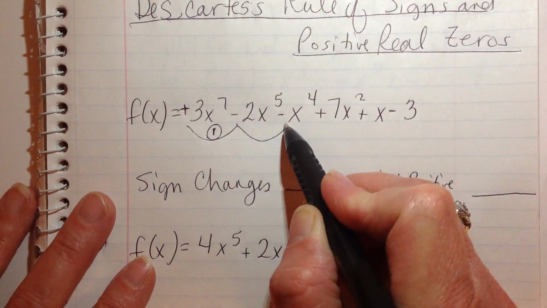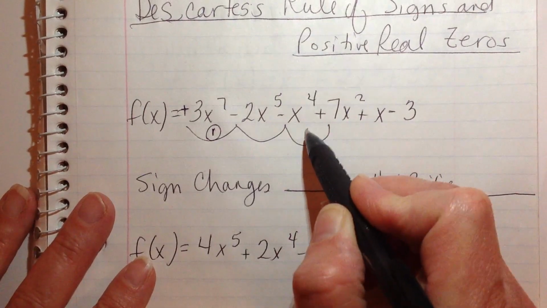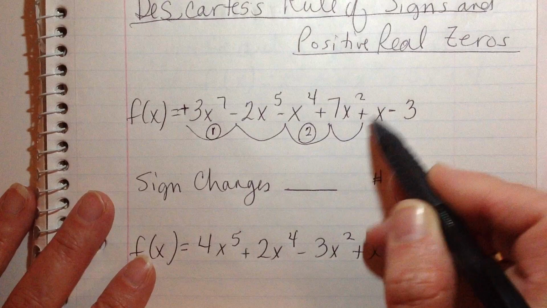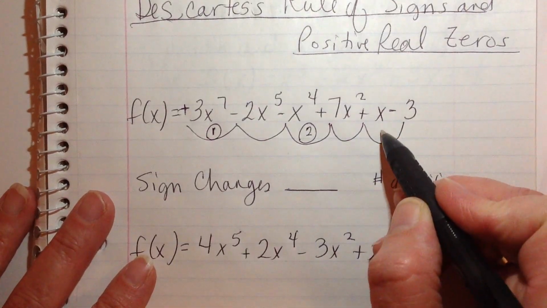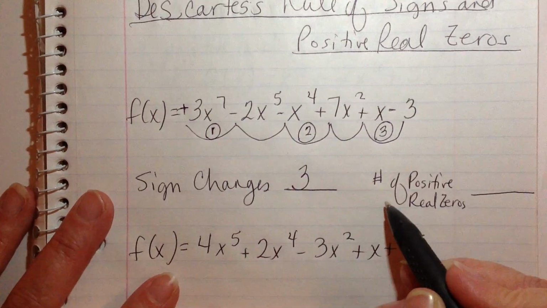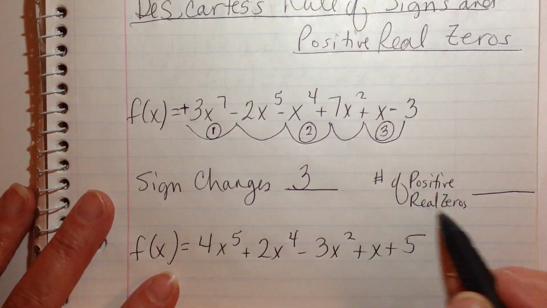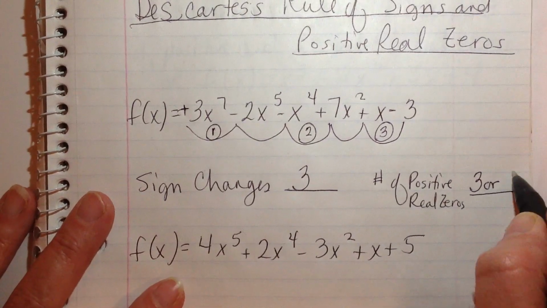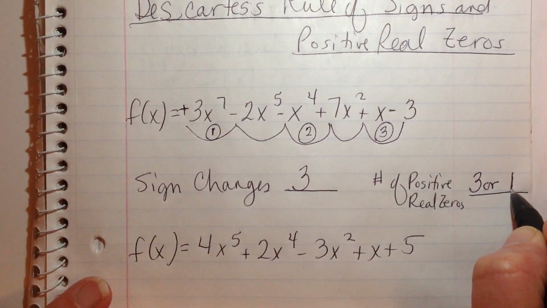Negative to negative is not a sign change. Negative to positive is my second sign change. Positive to positive, no sign change, and positive to negative, that is a sign change. So we have 3 sign changes. So what would be the number of positive real zeros? It would either be 3 or 3 minus 2, which gives me 1.